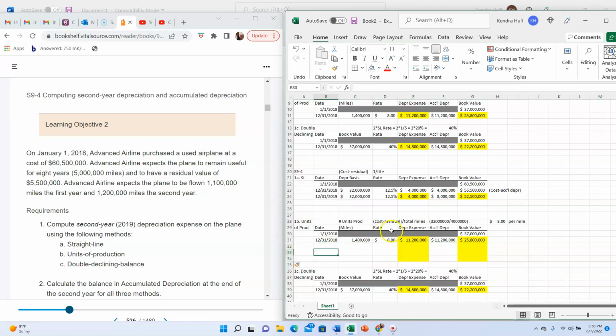All right, units of production. So in this one, let's erase this. Oh, you know what? I did something wrong up here. I got to redo it, but I'll do this one first. 60,500,000 and then minus 5,500,000.